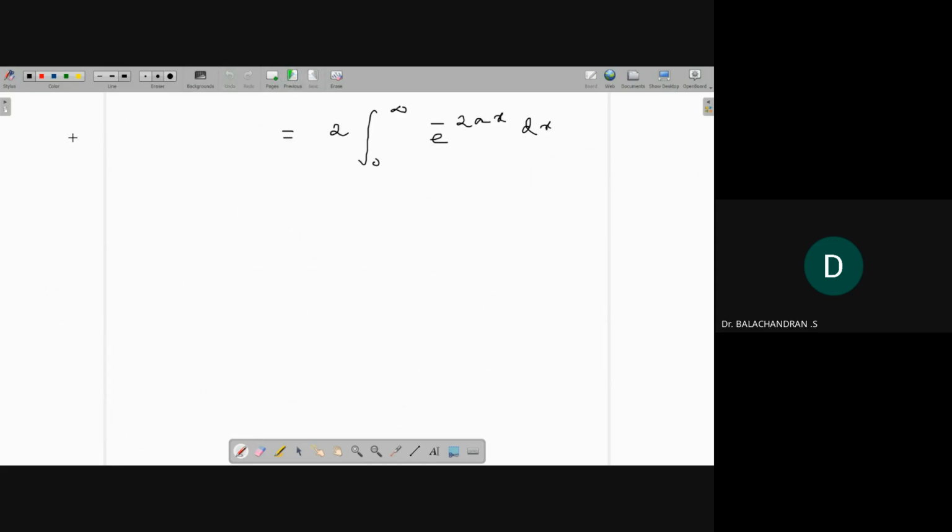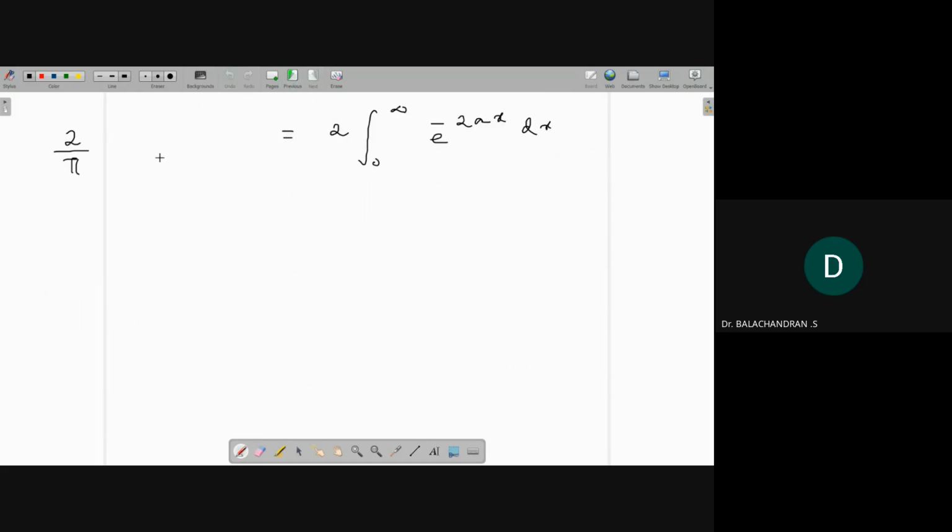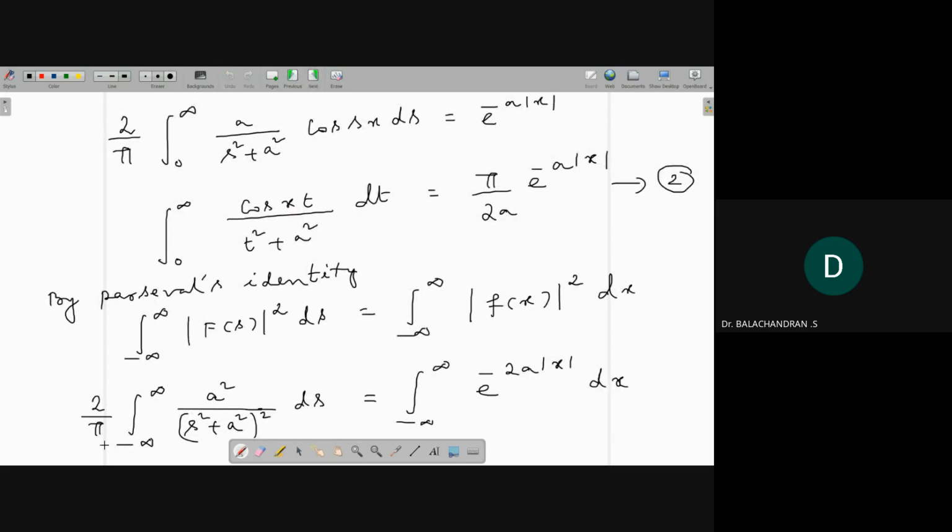Left hand side is what? 2 by pi a square, I'll take it outside, a square, integral minus infinity to plus infinity. Okay, so here also I can use that this is an even function. What is an even function? Again, you can write this as 2 times 0 to infinity. So 2 into 2, 4.